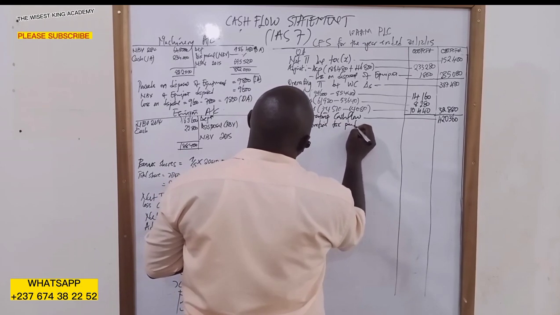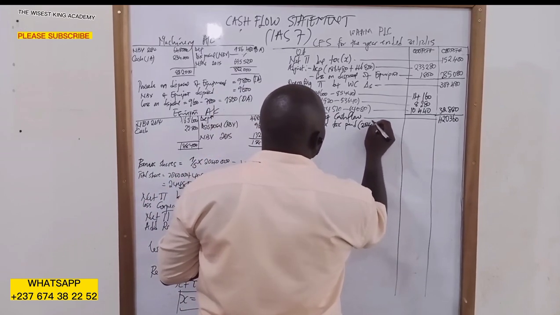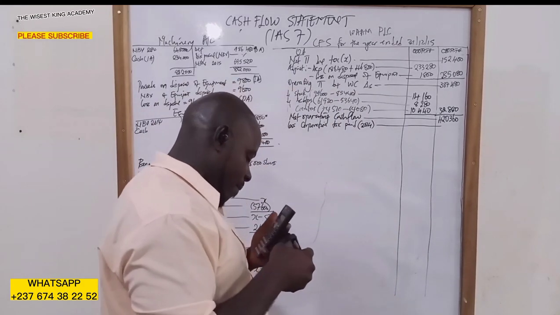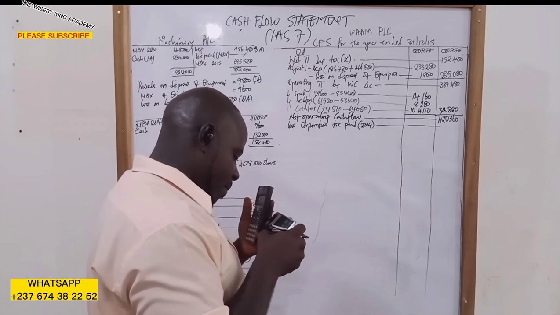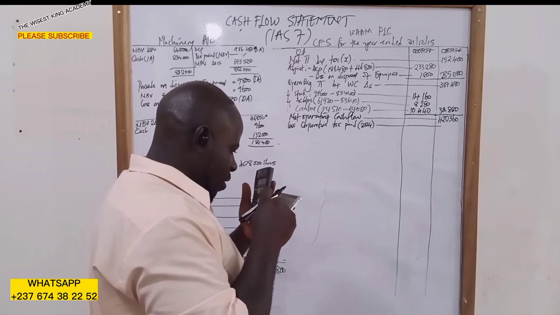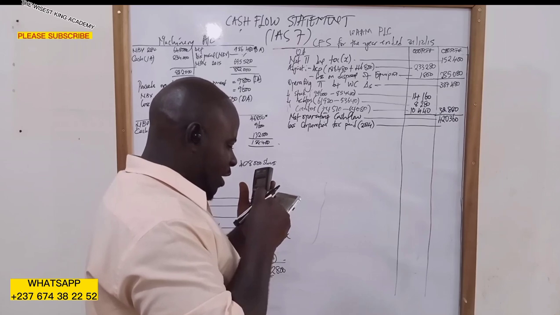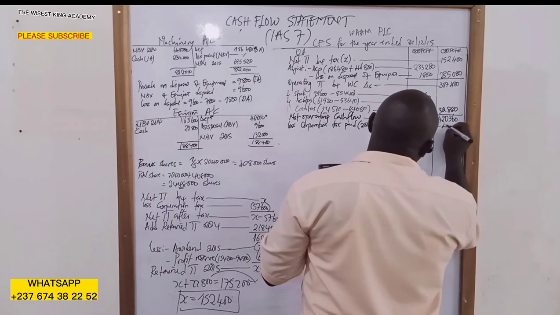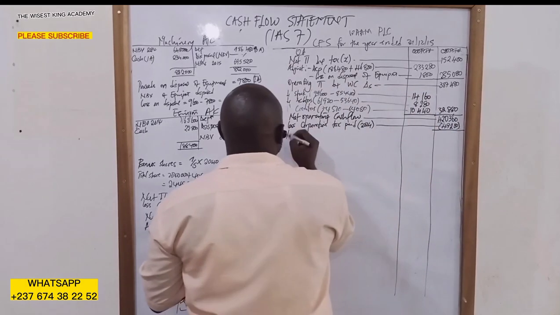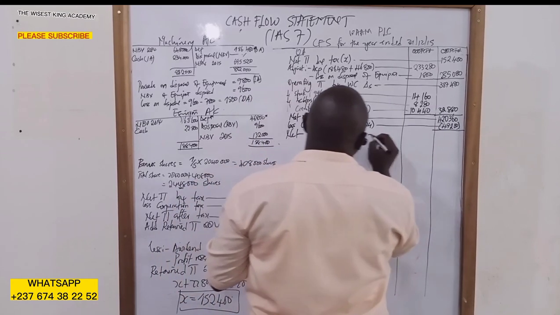The tax paid for 2015 should be the tax of 2014. So the corporation tax paid under current liability, that's the tax for 2014, is going to be 49,200.